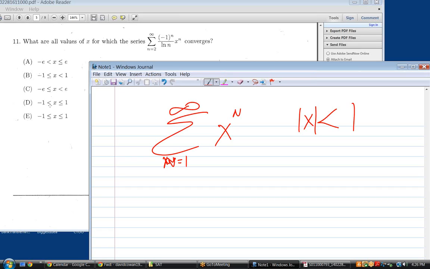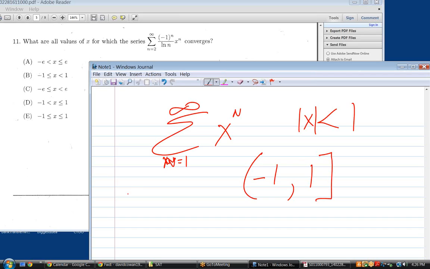You have an interval of convergence, but sometimes you have convergence at one side of the end of the interval and not convergence at the other. In other words, it's possible to have an interval of convergence that looks like this. Most intervals of convergence, incidentally, involving x and x alone are between -1 and 1 because it's a geometric series.